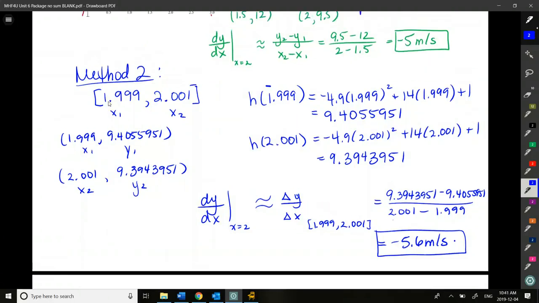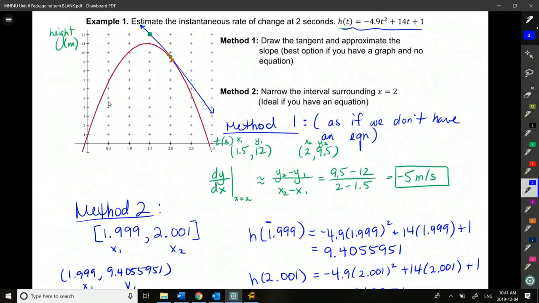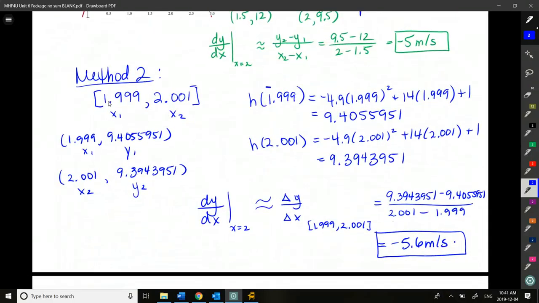How was our estimate with our tangent line? How does this compare? It was close-ish, but again, it wasn't great because the tangent line is not a super accurate method for finding instantaneous rate of change. What is delta y and delta x? So this right here is just saying that we're finding instantaneous rate of change when x equals 2 or time equals 2.